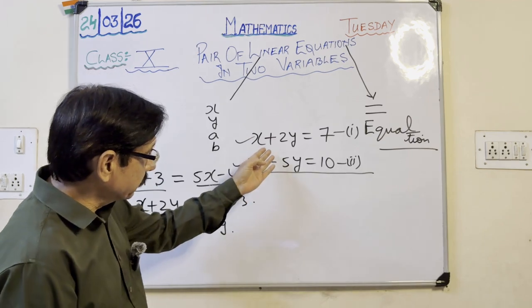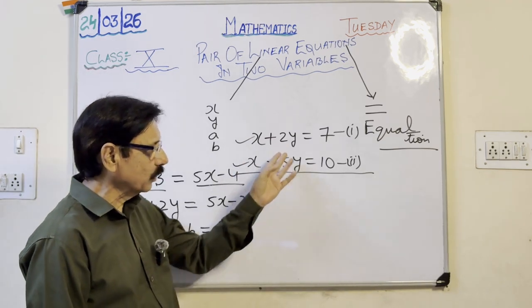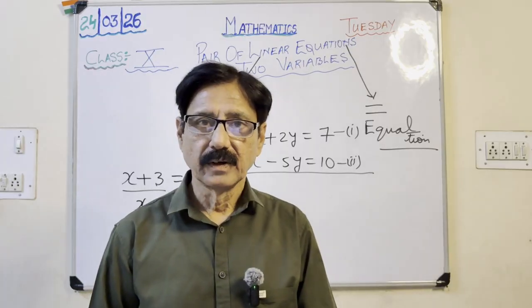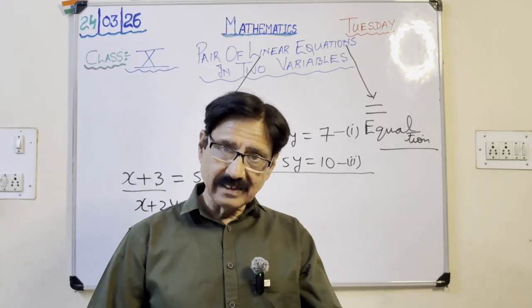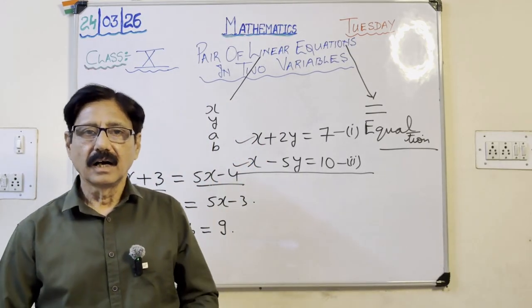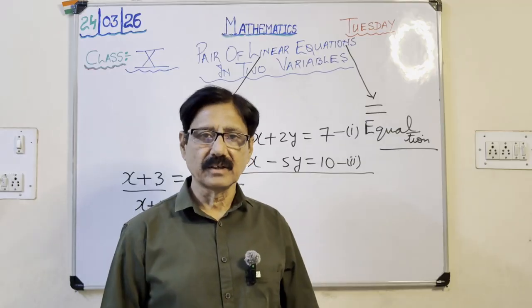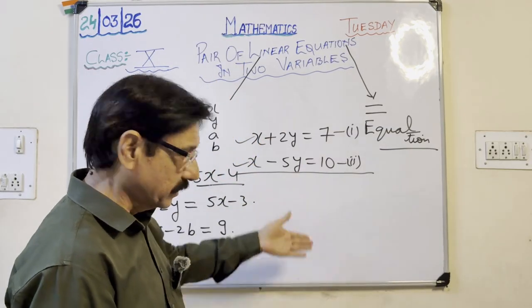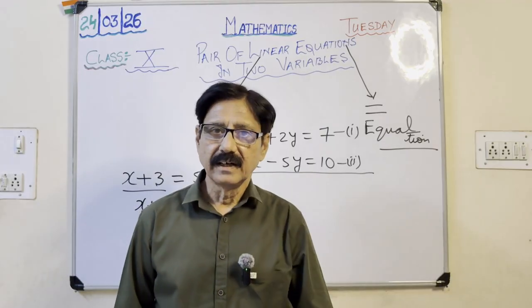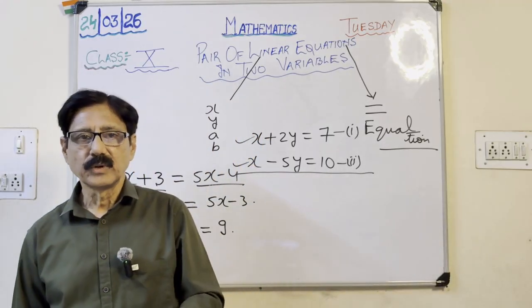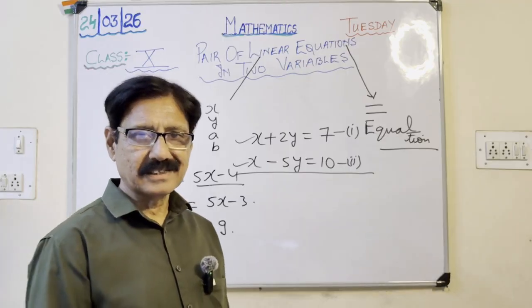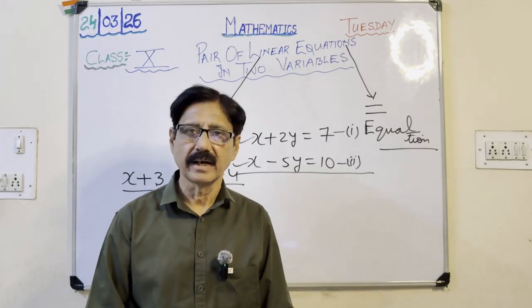So different methods are there to solve these linear equations in two variables, right? In our next class, or the next video, I will explain the three different methods in 10th class which you have to use to solve these equations. Today I can just tell you their names.